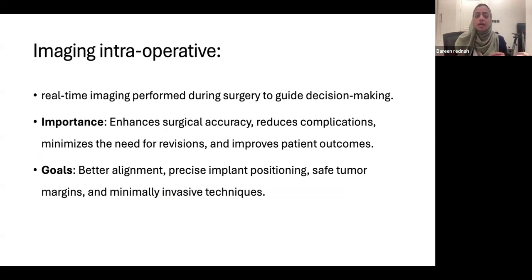For example, sometimes we need images in arthroplasty surgery or in oncology just to prevent malalignment of the implant, which prevents future revision if we took an image after the surgery and found a complication. It improves the patient outcome. The goals are better alignment, precise implant position, safe tumor margin, and minimally invasive technique.